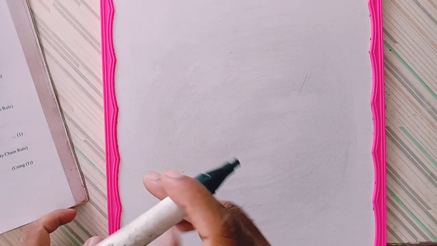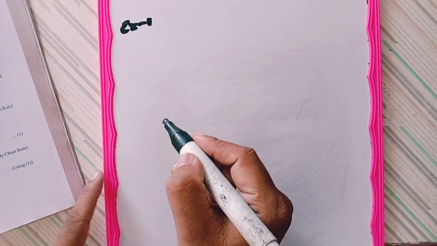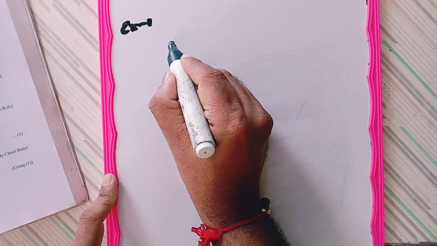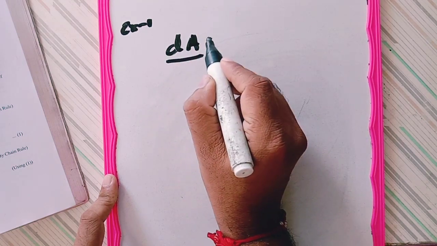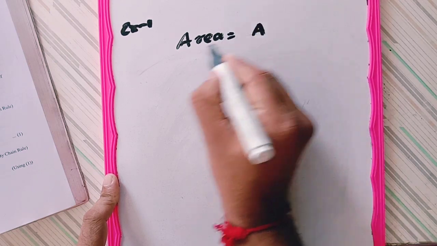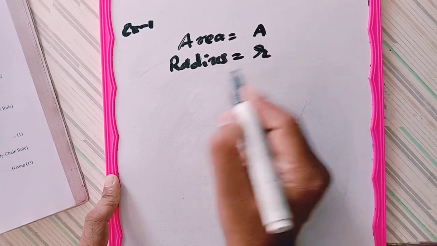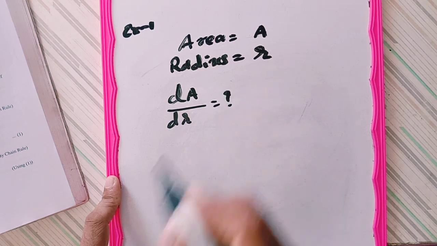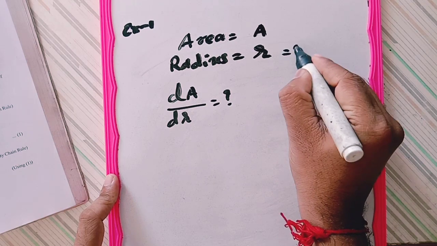Example 1 is given to us: find the rate of change of area with respect to radius. The area of a circle changes with respect to the radius, so if we write area equals A and radius equals r, then we have to find dA by dr. Now r is given as 5 centimeter.